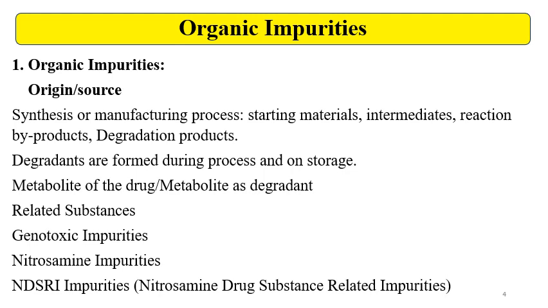These may also be present. Then nitrosamine impurities. Then NDSRIs, the nitrosamine drug substance related impurities. So these impurities I have classified as organic impurities. See, the classification may be different in different literature, but the basic understanding will be the same.